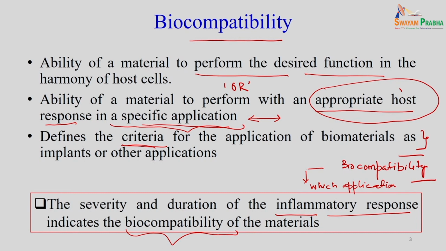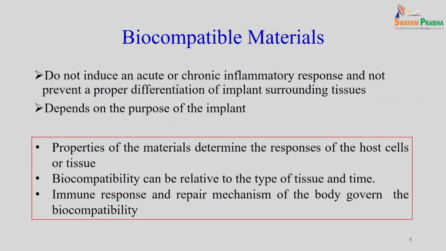So, what is expected from a biomaterial is it does not induce acute or chronic inflammatory responses, and also it does not prevent a proper differentiation of the cells which surround the implant, or you can say the proper differentiation of the tissues which surround the implant.